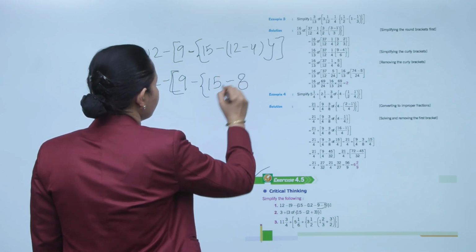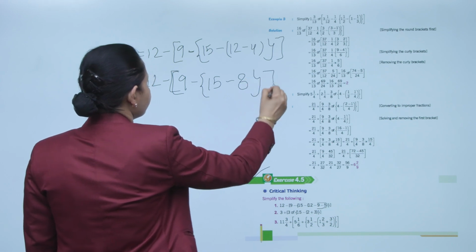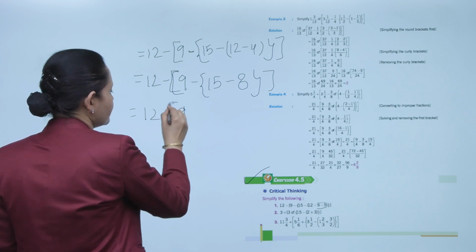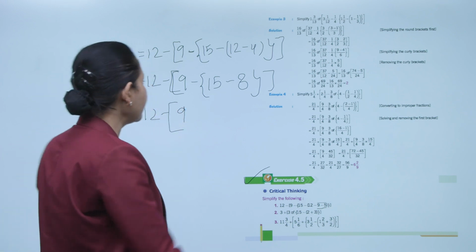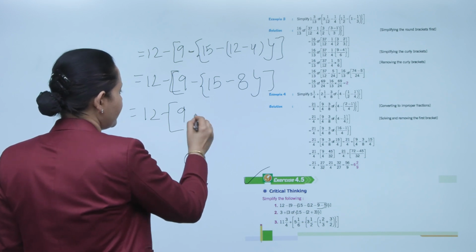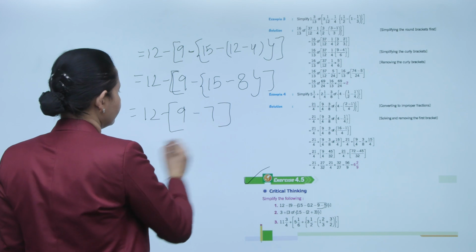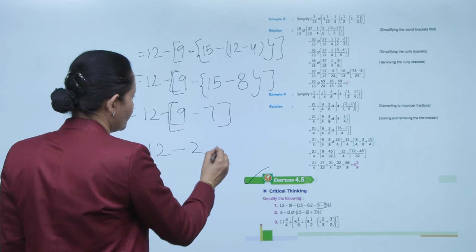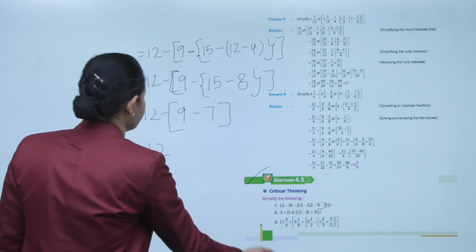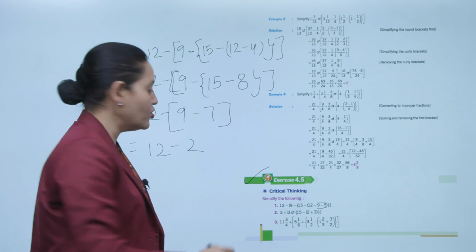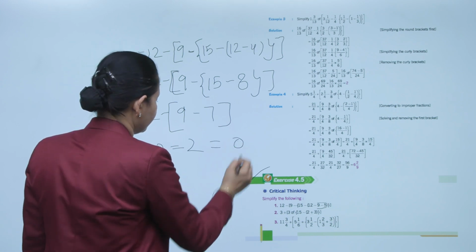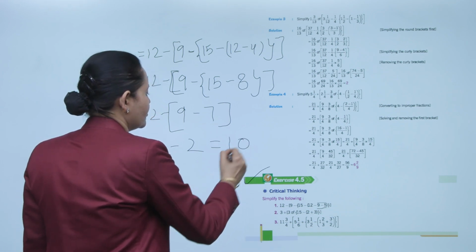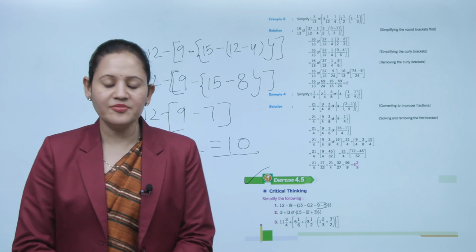Now 15 minus 8, that is equal to 7. So it becomes 12 minus 2, 12 minus 2, that is equal to 10. So our answer is 10. Clear?